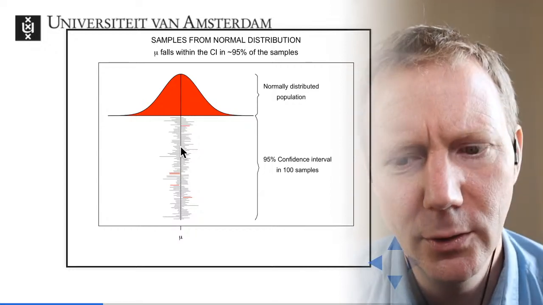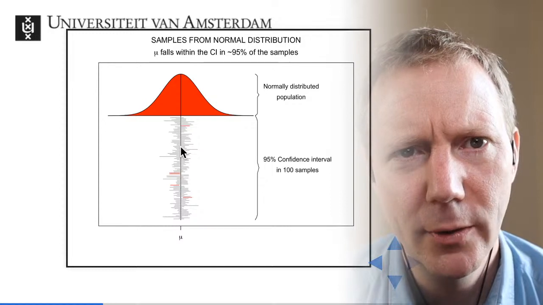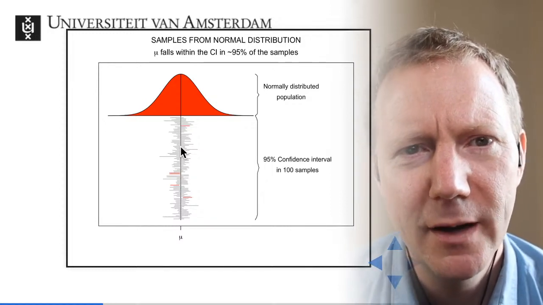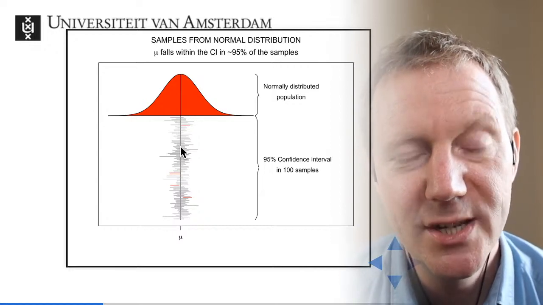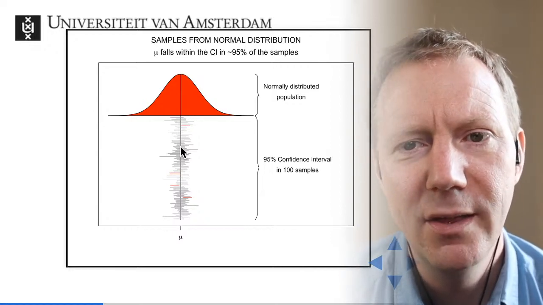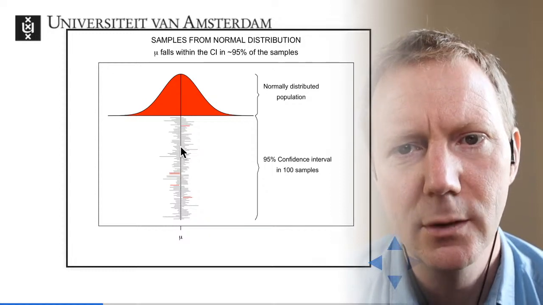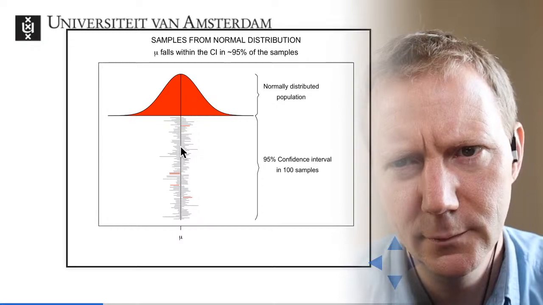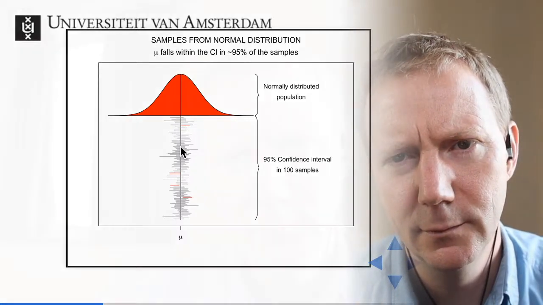Is there anyone who can elaborate why that wouldn't be correct? If I say that I'm 95% certain that the population mean would fall between this confidence interval. Because the confidence intervals vary based on what sample you have.